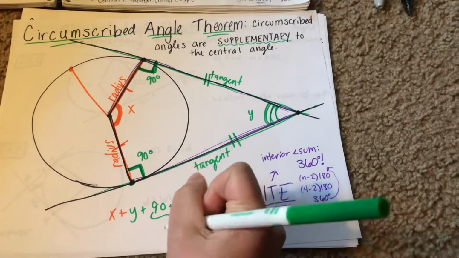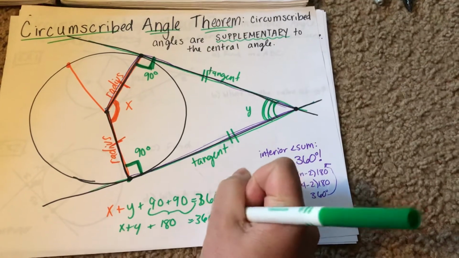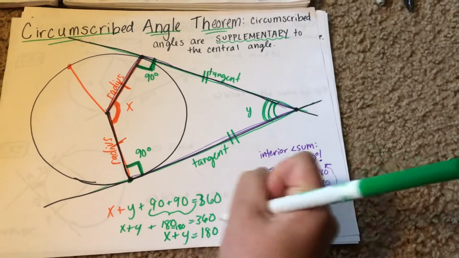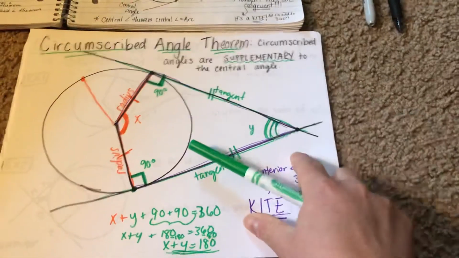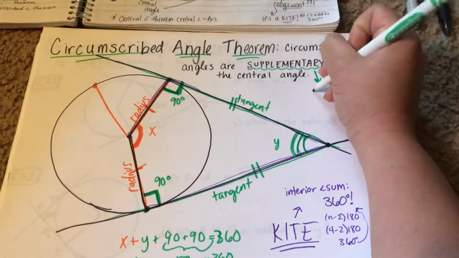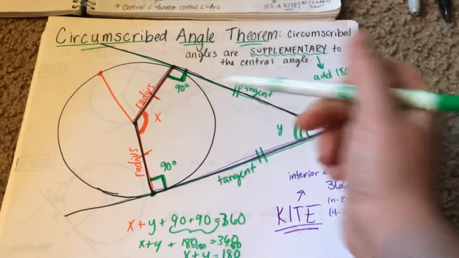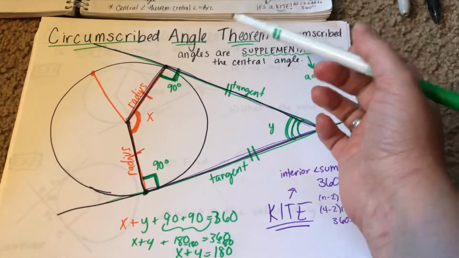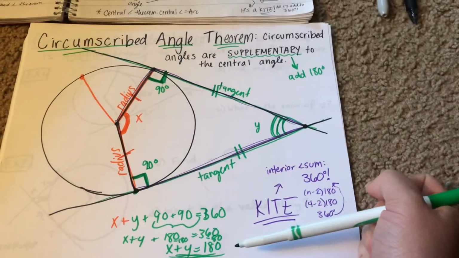We know 90 plus 90 is 180, so x plus y plus 180 equals 360. So x plus y has to equal 180, because I subtract 180 from both sides. This is why our circumscribed angle theorem says circumscribed angles are supplementary to the central angle. They add to 180 degrees because this shape created by the two radii and the two tangents is a kite, and a kite has to add up to 360 degrees. So if these two are 90, x plus y has to equal 180 degrees.